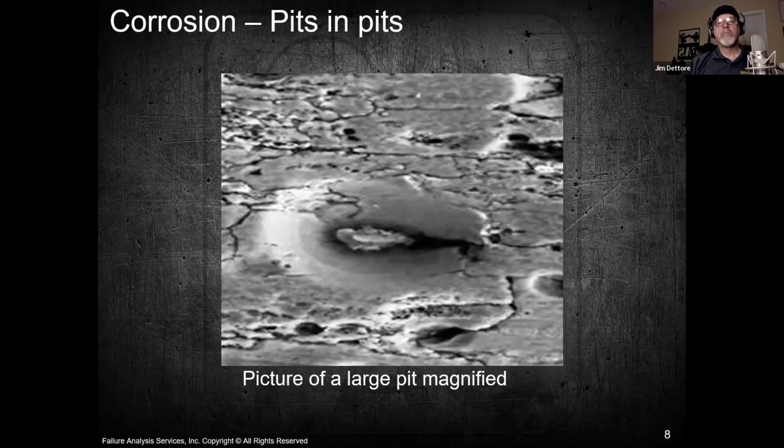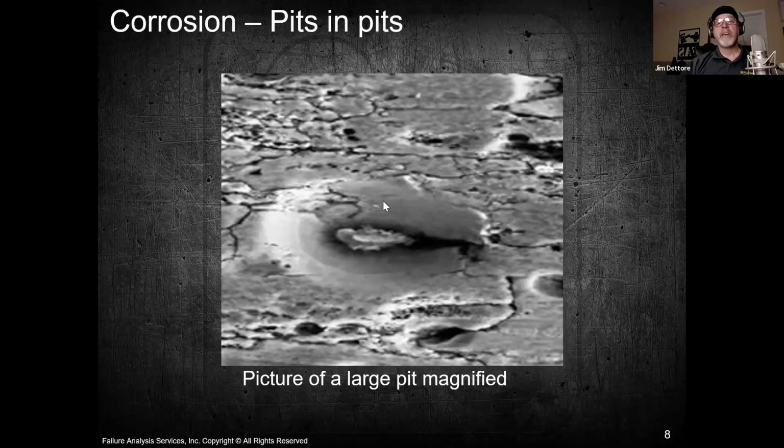Then when we focus, this is a picture of a large pit that's been magnified, and what we'll see is another larger pit here, another pit forming here inside of this large pit, another pit here, a big pit here with smaller pits forming inside of it.